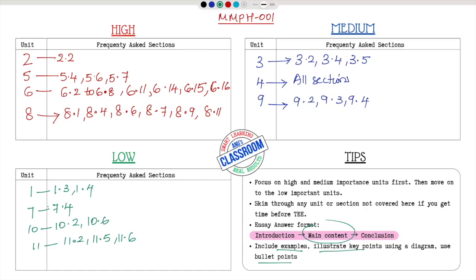Okay, now if you get lucky, you might even find that previous year questions have been repeated, because IGNOU has a tendency to repeat the questions from past term end examinations. So go through the IGNOU website, download the previous year question papers, and try to solve as many questions as possible once you are done with the high, medium, and low importance sections and units.